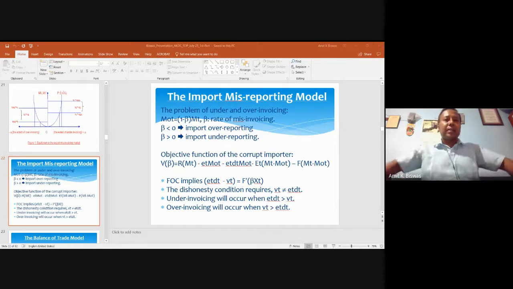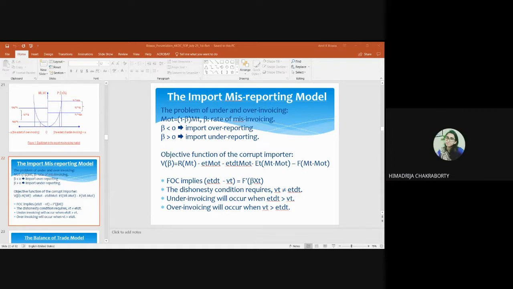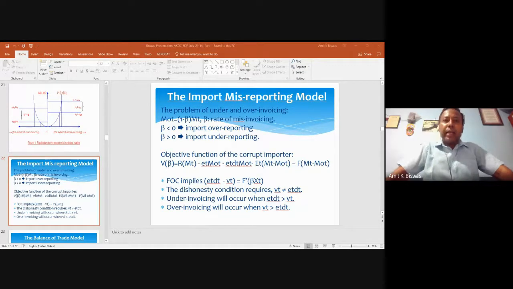So the cost of financing the rest of the money will be increasing now. Exactly, right. You are absolutely right. That's the reason ETDT minus VT comes into play. If I have to pay more than what I am paying to the RBI, why should I go there? And the reason we discussed, Tanushree told that if the tariff is so high, you must.